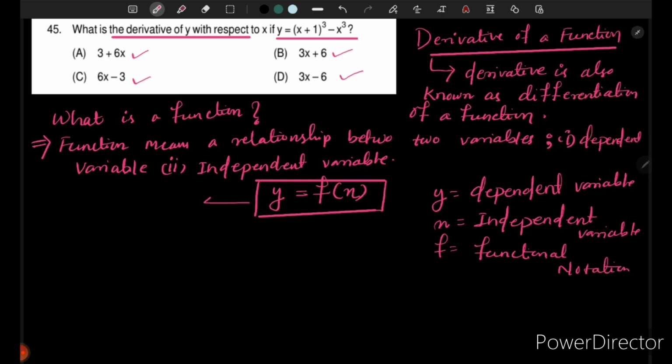So here we can say this is a function because here the dependent variable y is expressed in terms of another independent variable, that is called x.